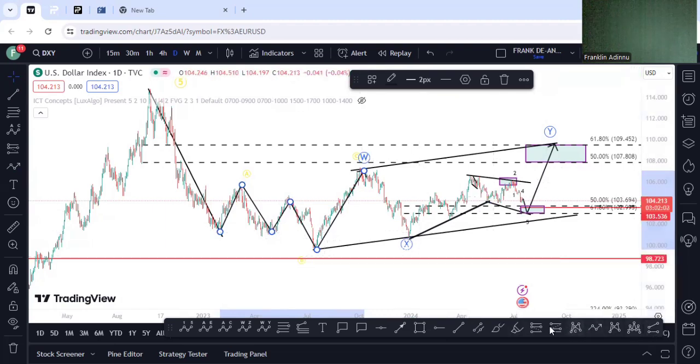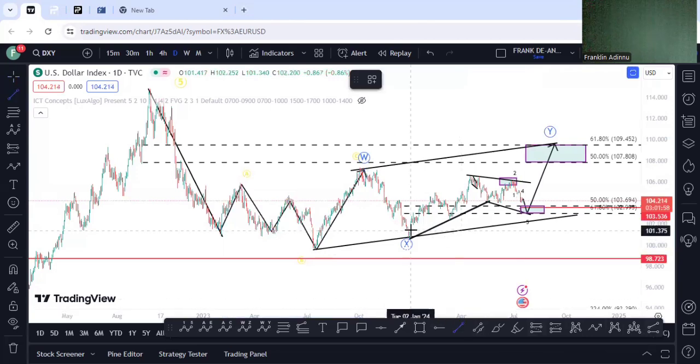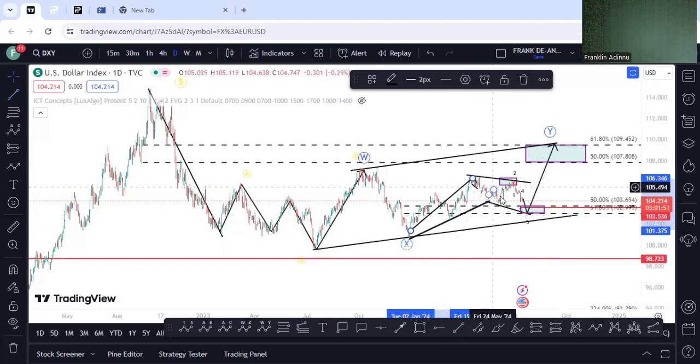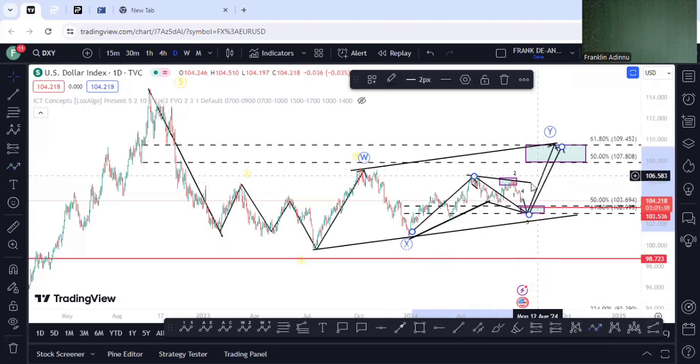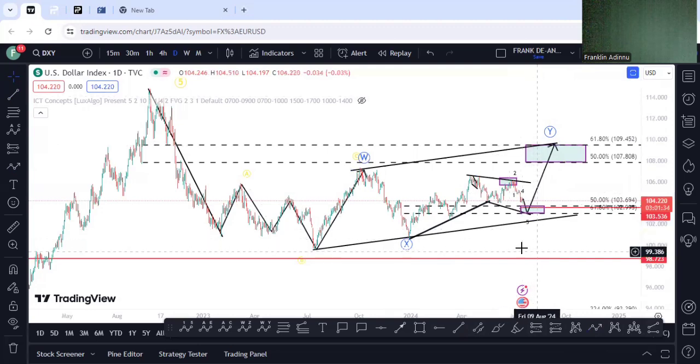And this is Y that is coming. This is going to be a Y. So you have done A. The Y has done A. This is C, and this is going to be C. So I'm preparing for a C.